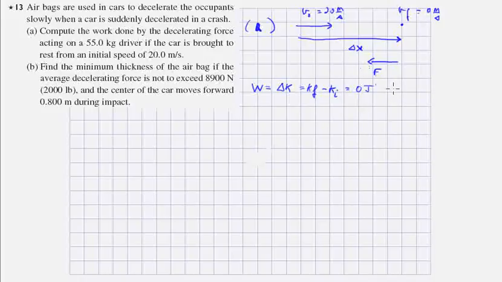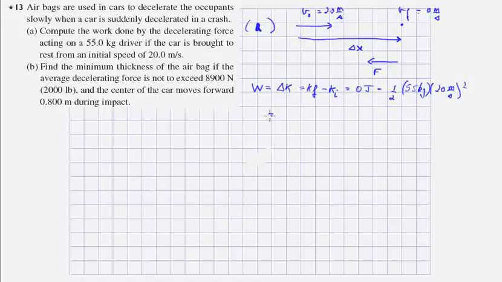And the initial kinetic energy is 1/2 times the mass of the passenger, 55 kgs, times the initial velocity, 20 meters per second, squared. Subtract.